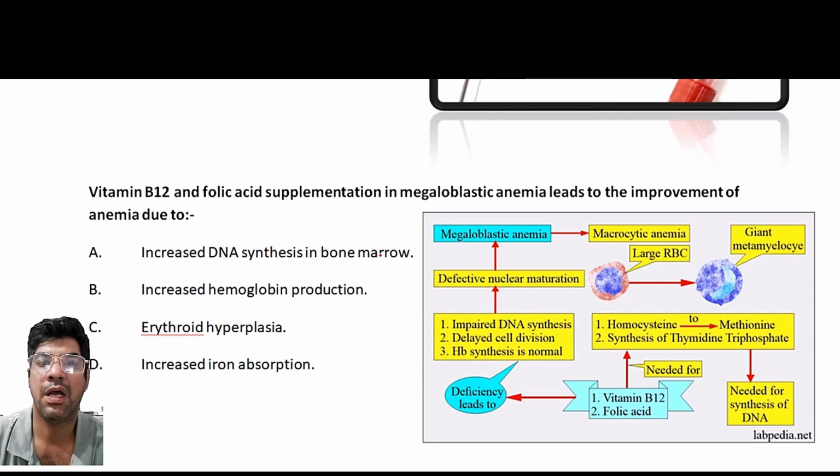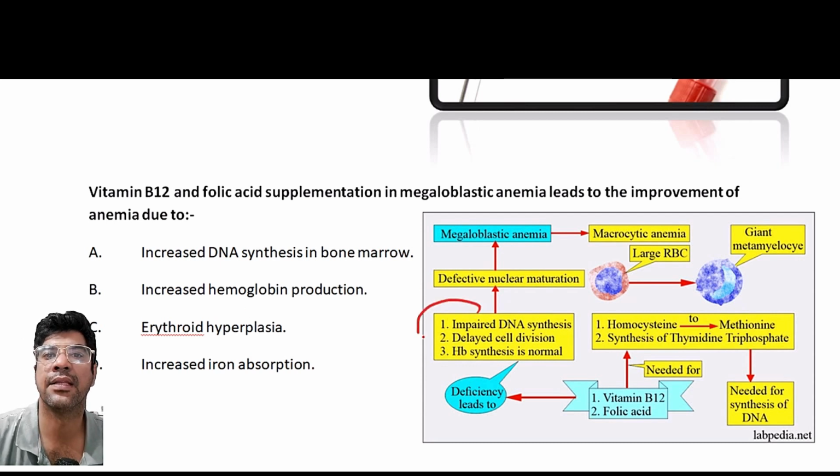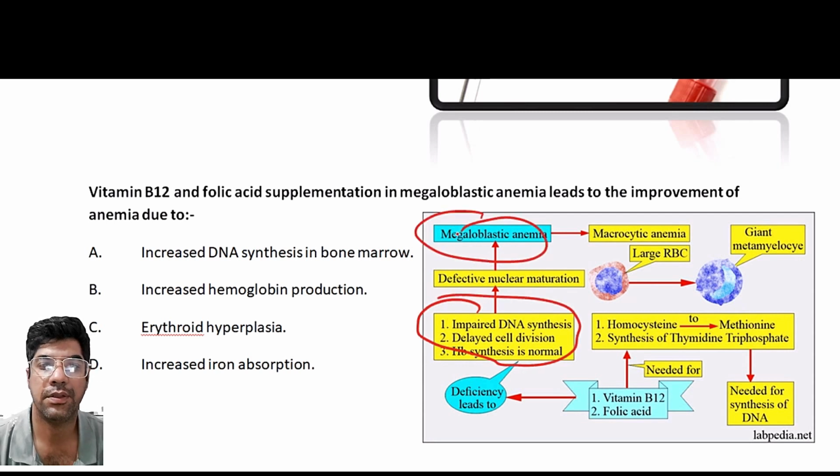Both vitamin B12 and folic acid are essential for production of nucleotides, which are the building blocks for the DNA. Deficiency in these vitamins can lead to impaired DNA synthesis that results in characteristic features of megaloblastic anemia, like enlarged and immature RBCs known as megaloblasts.